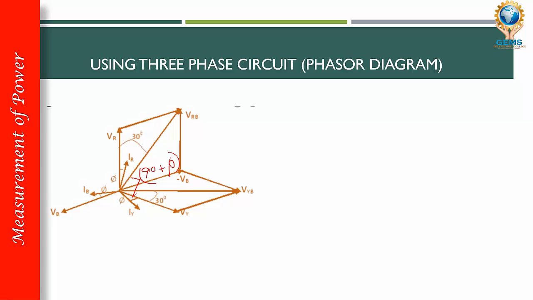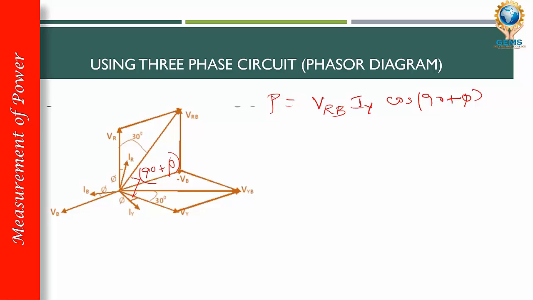So based on this, when we write the equation for VRB, VRB is nothing but the line voltage. So P is equal to, from this phasor diagram, VRB into IY cos (90 plus phi), between this voltage and this current.